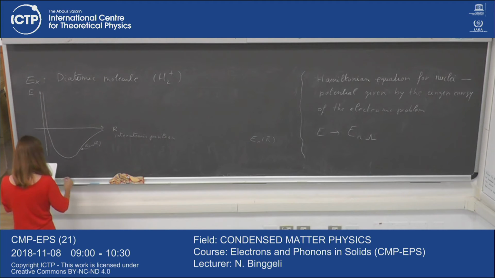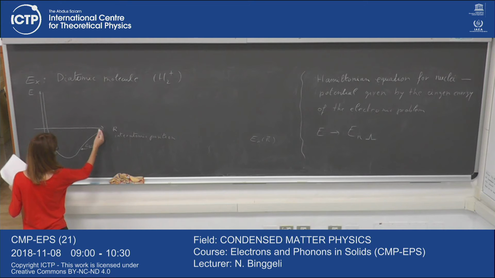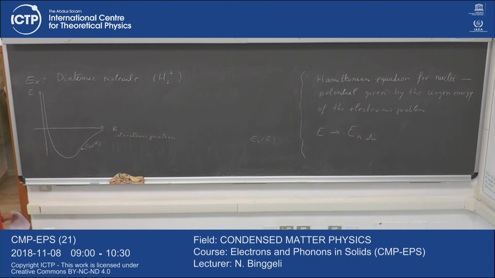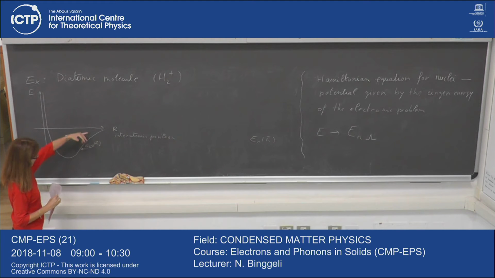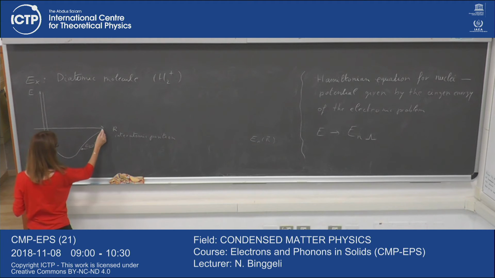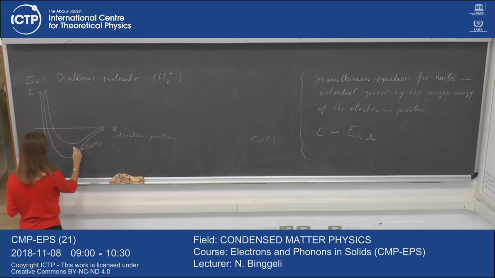So this would be the n equal to 0 value. Then in my electronic spectrum, for each R, I will have a state higher in energy for n equal 1, so I can plot it this way. This will be the state that I would obtain for n equal 1.